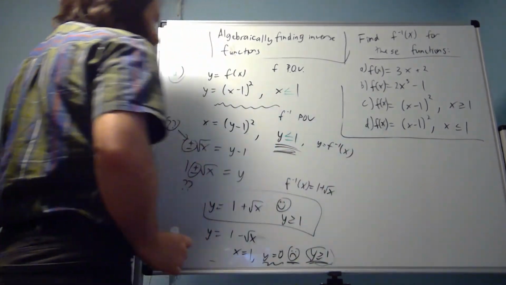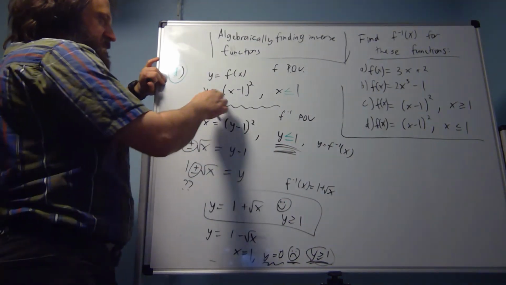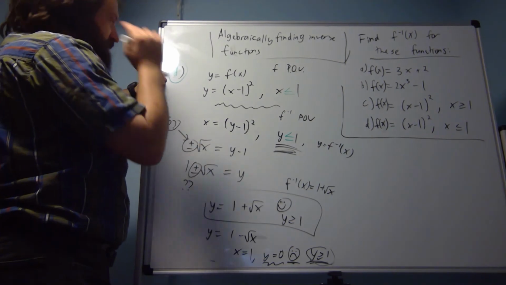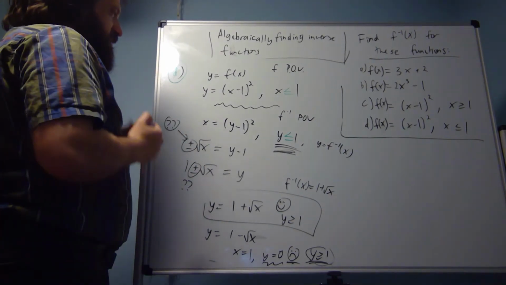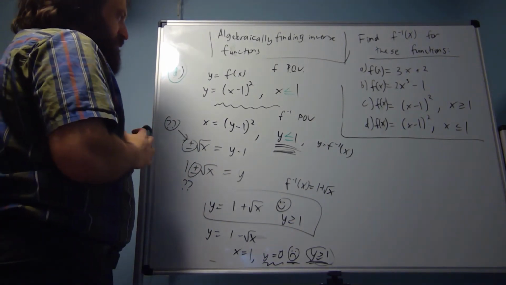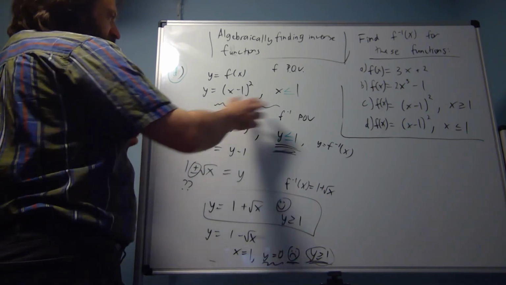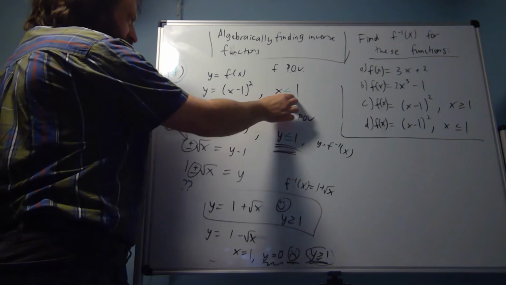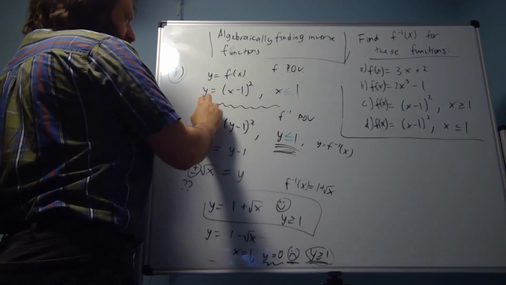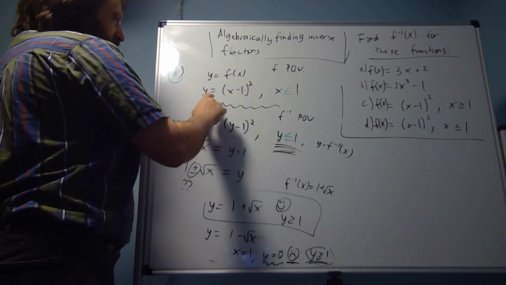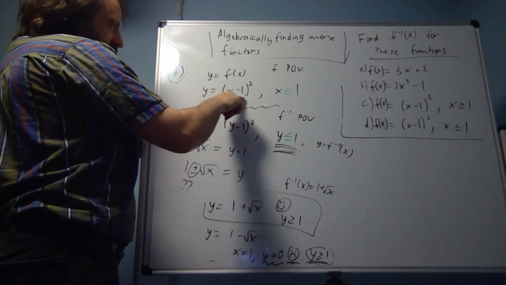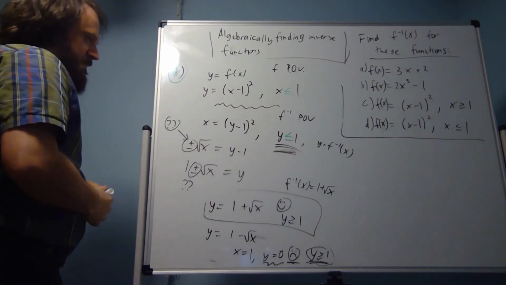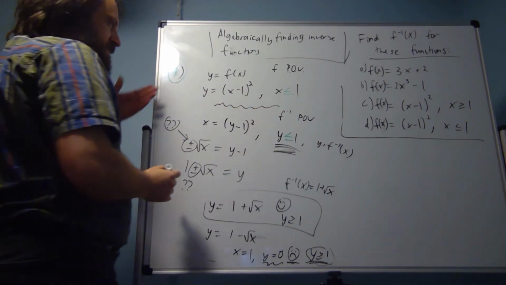So what changes? In problem D we have the same function, but we use a different half of the parabola, defining another function that only works for x less than or equal to 1. So the function f of x is (x minus 1) squared, but x is less than or equal to 1.